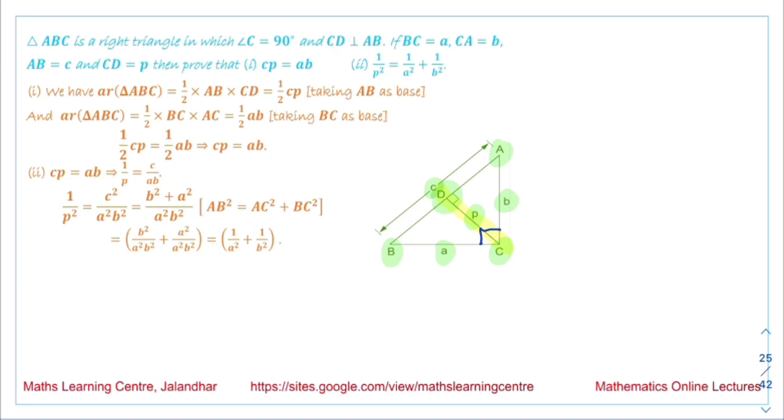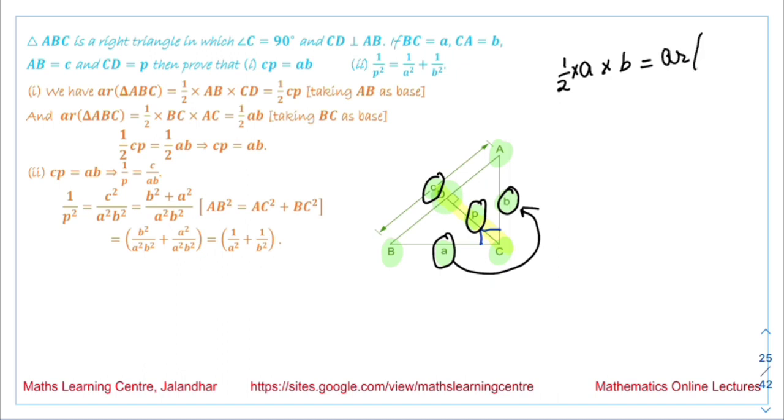So we talk about the area of the triangle ABC. Why are we talking about the area? We have to prove that c into p is equal to a into b. These two values a and b are connected by the formula half into base into height, which is the area of the triangle ABC.